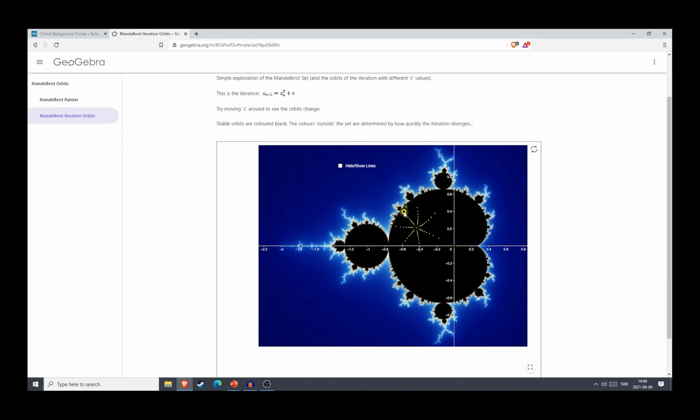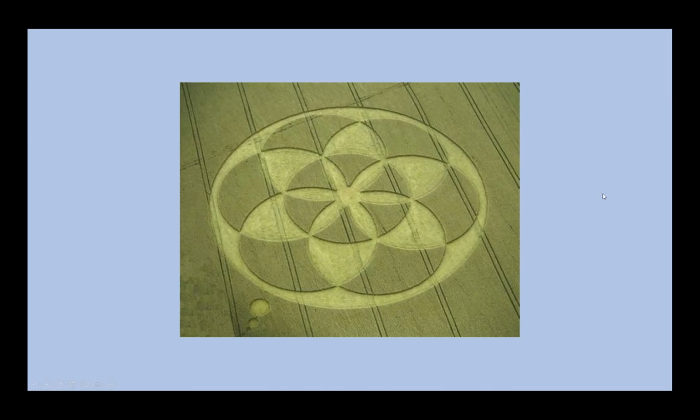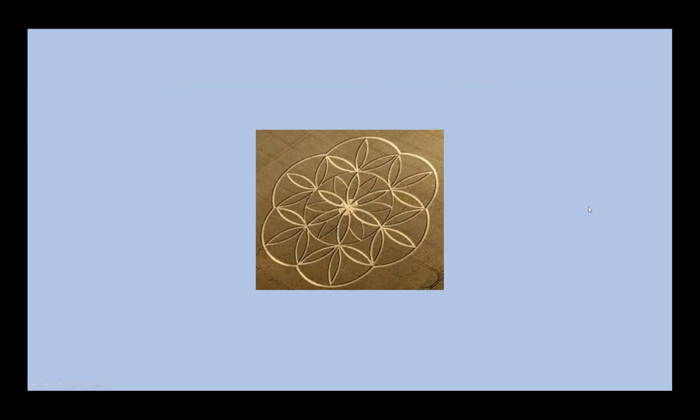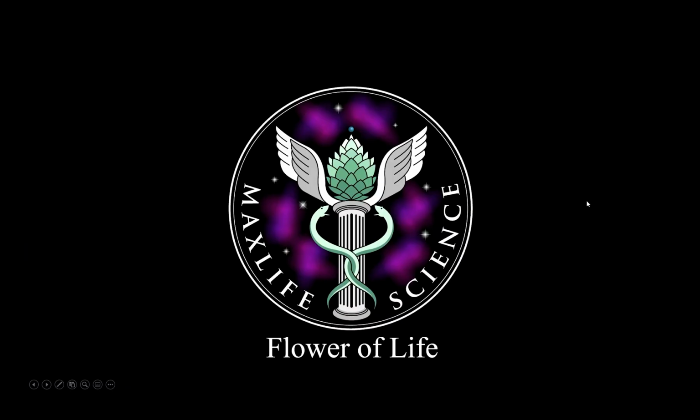So, are they trying to tell us something? Well, what is this? Should we think about it more? Are they trying to say something to us? Is it more important that we actually think? And what is it? Flower of life.